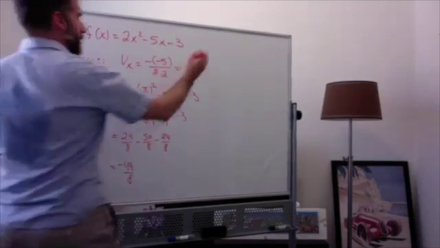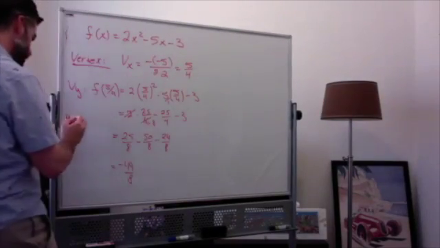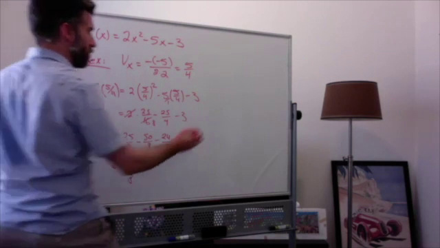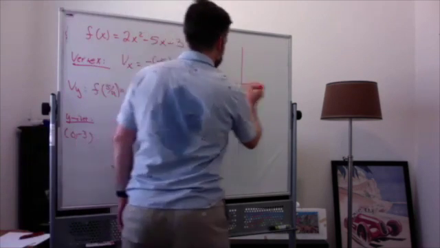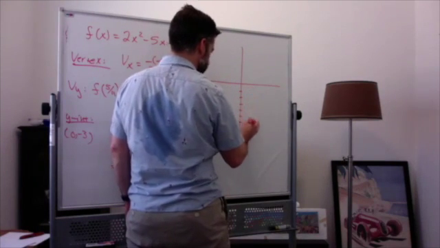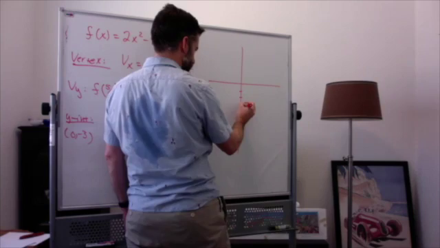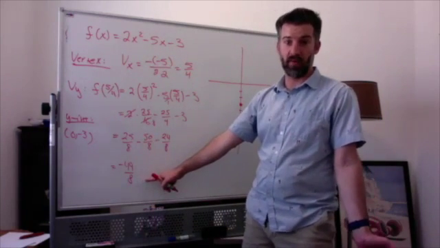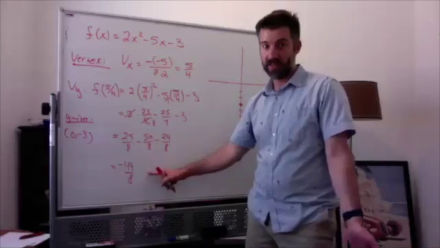My y-intercept is obviously negative 3. So graphing this, here's my y-intercept at negative 3. And my vertex, negative 49/8, well, negative 48 over 8 is negative 6. So this is close to negative 6.